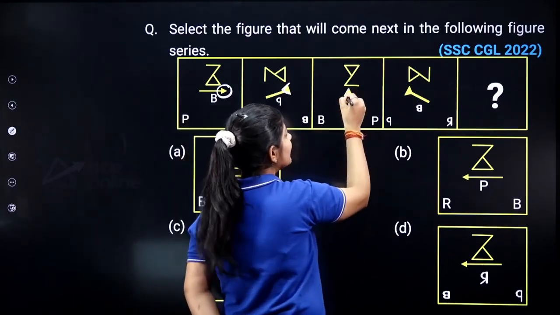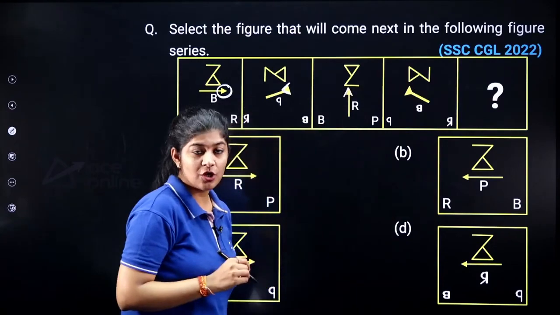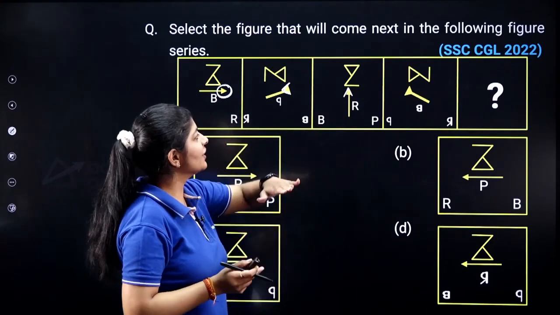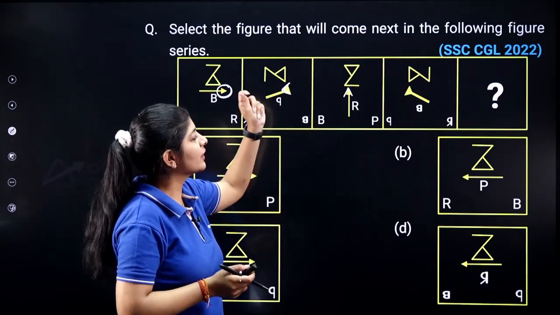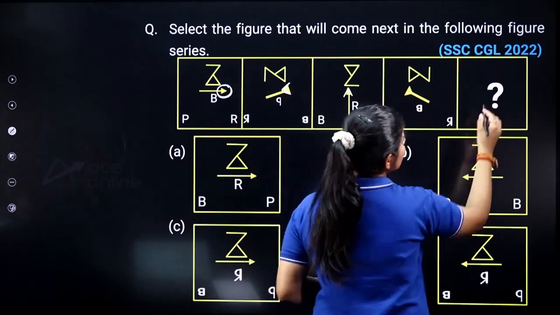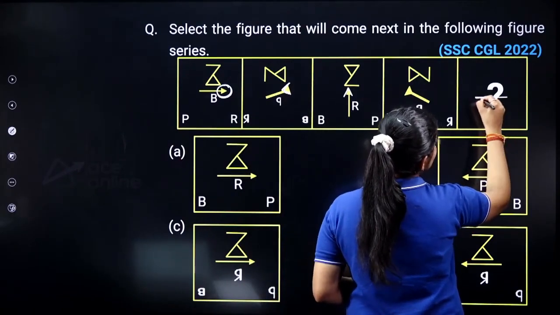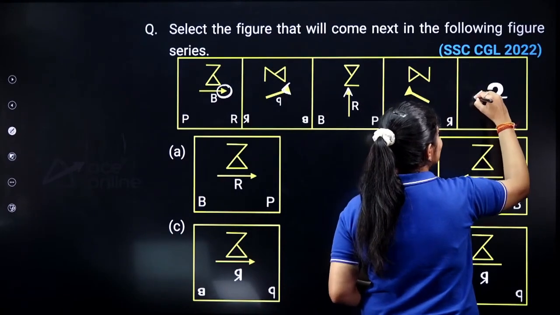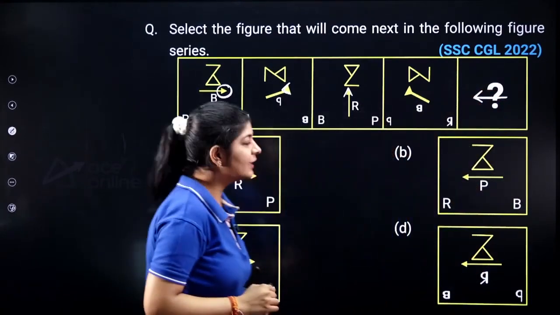Again, the arrow sign is changed, or we can say it's towards the outwards, and again there's a slight change of anti-clockwise, 45-degree anti-clockwise, again 45-degree anti-clockwise. So this time I am getting an arrow which is facing towards west direction. I need such type of arrow after the movement.